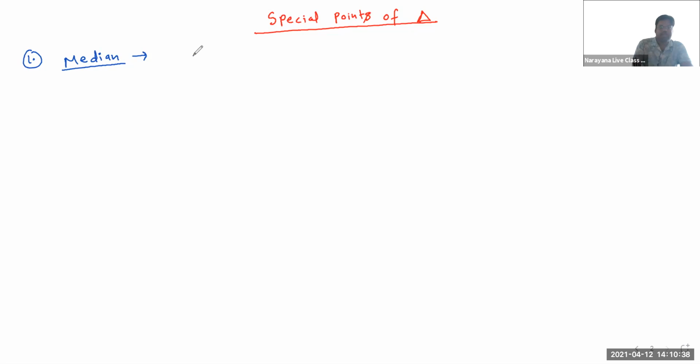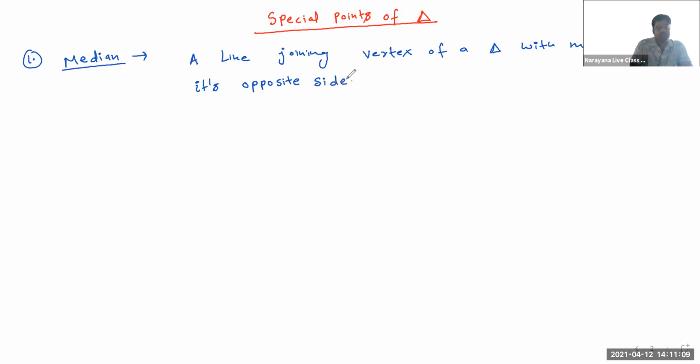So a median is a line joining the vertex of a triangle with the midpoint of its opposite side. So what is a median? It is a line joining a vertex of a triangle with the midpoint of its opposite side.